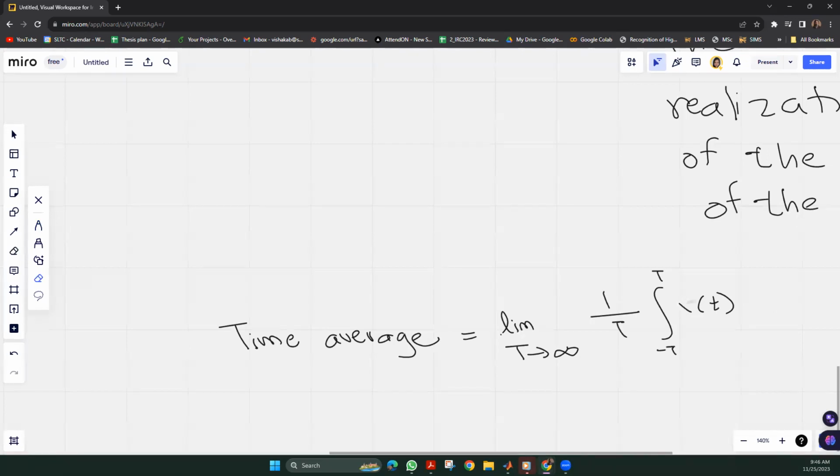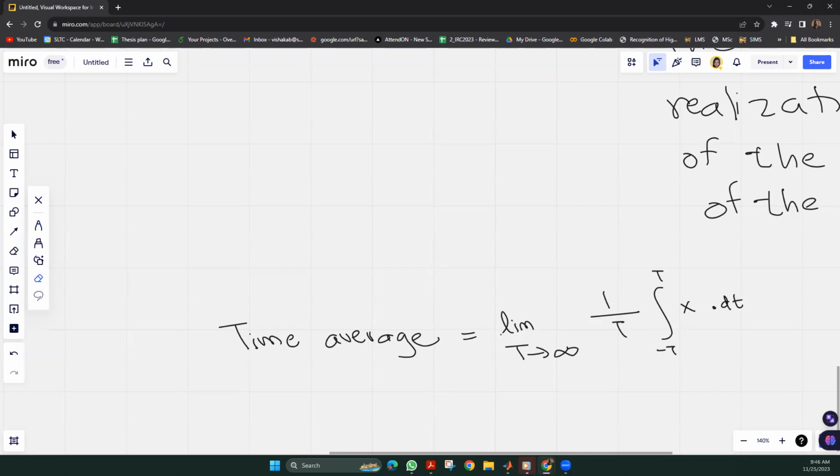So in here, actually, these are basically the values of the amplitude over time. So the values of x over time, integrated with dt.